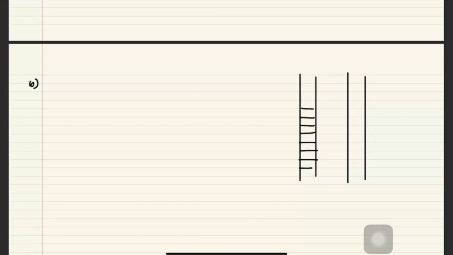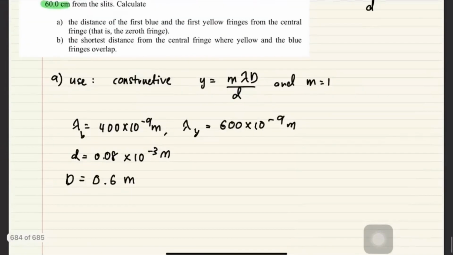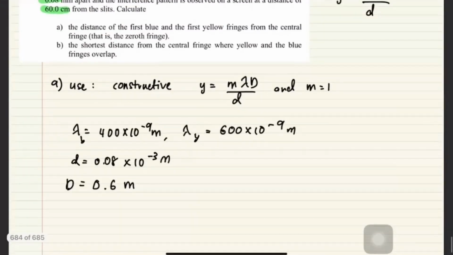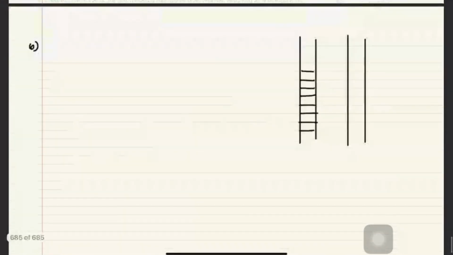Contoh kalau yang ni kita cerita dia pasal bright fringe kan. So sebab dia nak tengok yang yellow dengan blue fringe tu, so maksudnya dia adalah bright. Contoh dekat sini dark. We want to focus with the bright one. 1, 2, 3, 4.